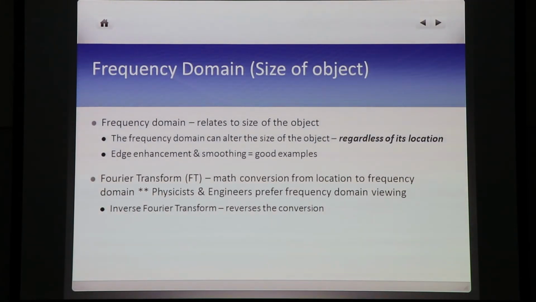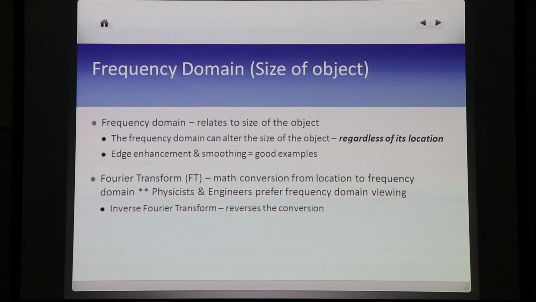And then frequency domain is as the frequency comes in, it's measuring the size of the object regardless of its location. When you think about edge enhancement or smoothing, those are good examples of things that are changed. This Fourier math transform that we're talking about, an inverse Fourier transform, is basically whenever you want to convert from a spatial domain to a frequency domain.